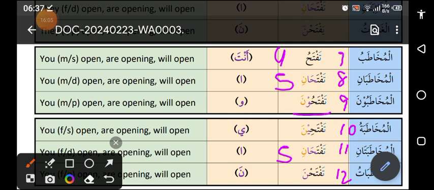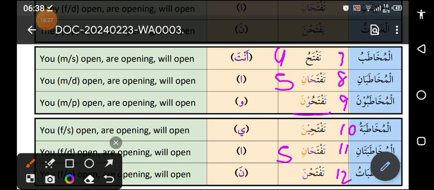Here the ta is the alamat for mukhatab, right? We are talking to people. Now these six sigas will be used when we are talking to people. If we are talking about someone, then the first six sigas will apply.